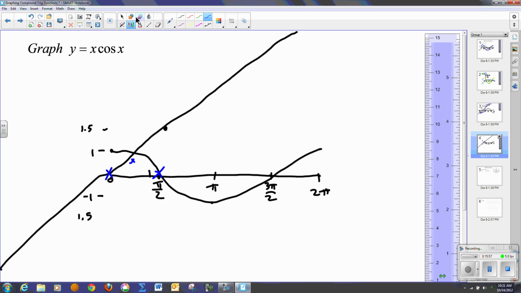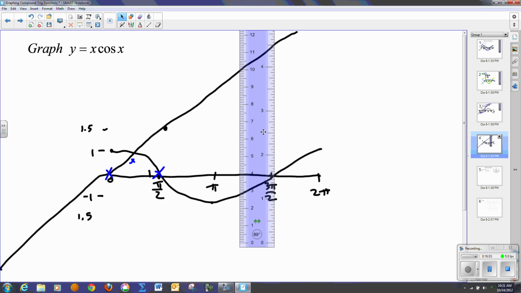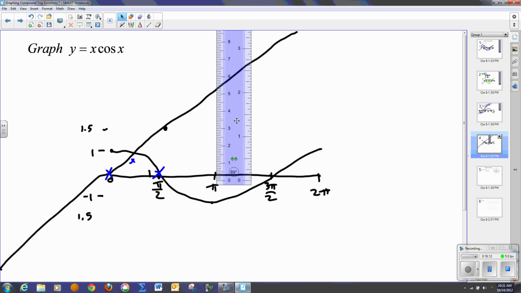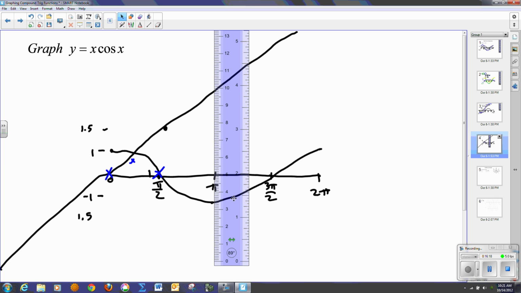We're going to take our lovely ruler once again and see how high that linear line is to this curvilinear. It's roughly 5 units up. So from this origin, or this horizontal line, I'm going to go 5 units down, which puts me roughly here.